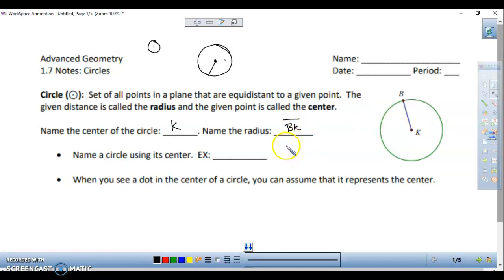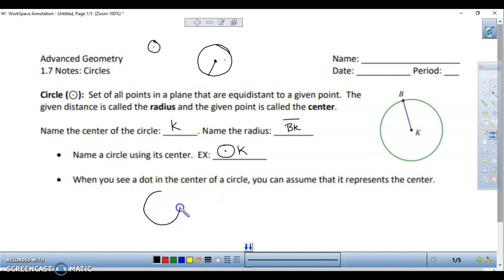The way you name a circle is you name it using its center. So this one over here is Circle K, just like the convenience store. So I'm just going to use the little circle symbol and put a K. And then if I look at a diagram, I know you're talking about this circle with the center K. And the last thing is, if you see a drawing and you see a dot or point in the center of that circle, you're allowed to make the assumption that that is in fact the center.